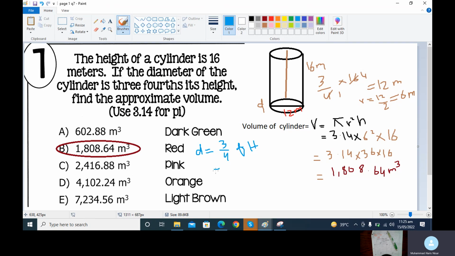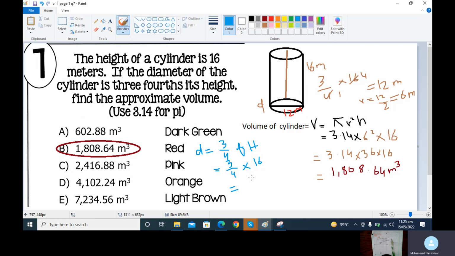So 3/4 of its height. Just plug in the values. We have 3 by 4, and we know of is obviously multiply. Height is given, that is 16 meters. Now we need to simplify it.